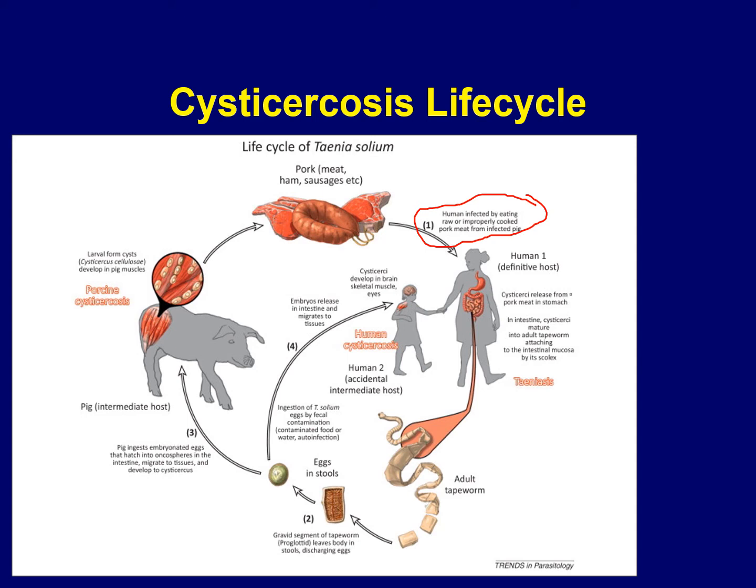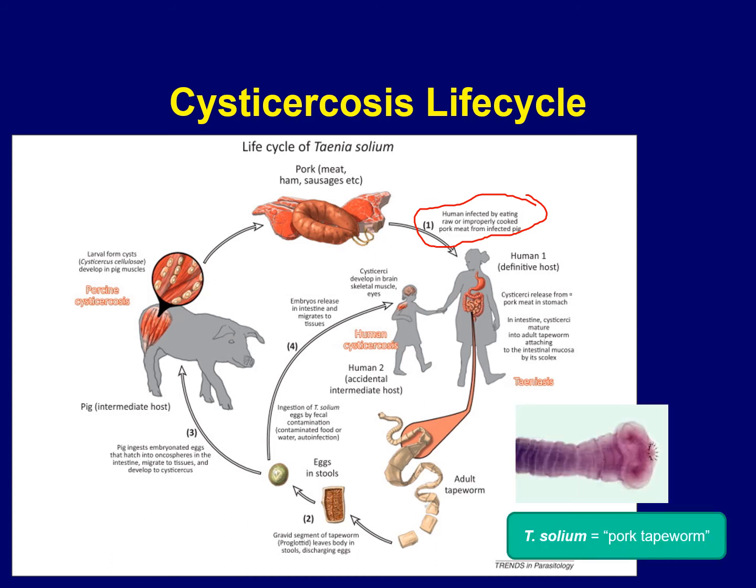And these infected pigs are infected with Taenia solium, which is a pork tapeworm. As we'll see, these are encysted larvae in the pig's muscles, and when these are undercooked, they can be consumed by humans.